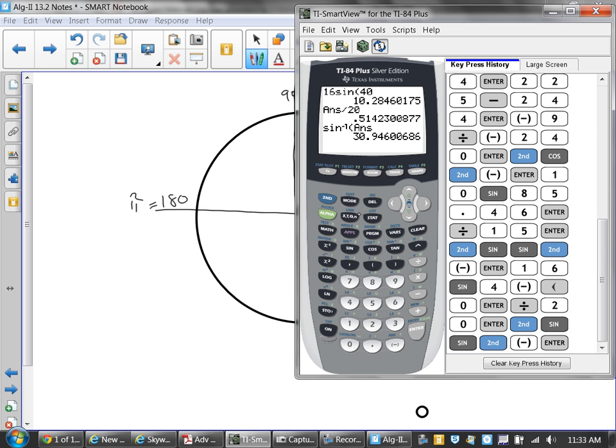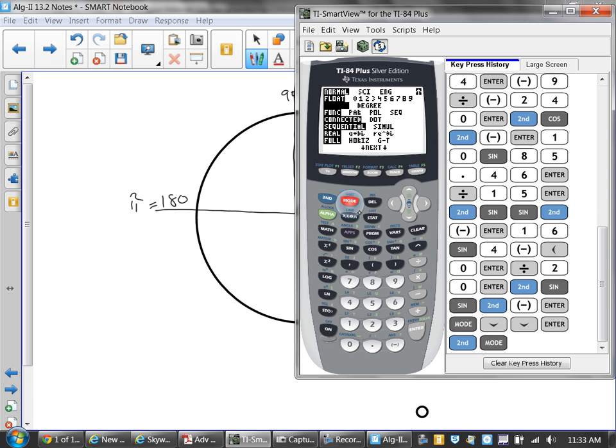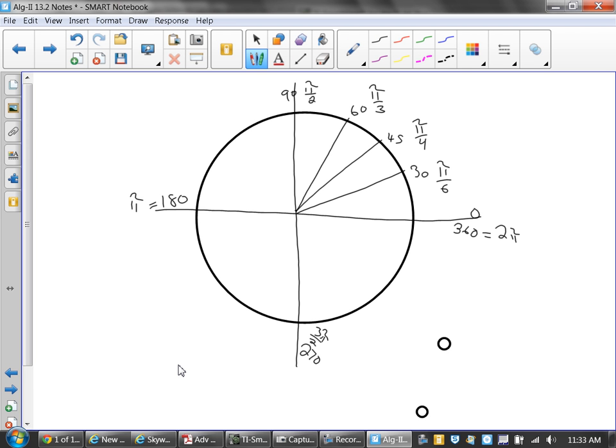Oh, I know why. I told you to put it in radians, and I didn't tell you to put it in terms of pi. Never mind. We'll worry about this later. It has no bearing upon what we're working on right now. I was just trying to show you a little trick. Don't worry about it right now.